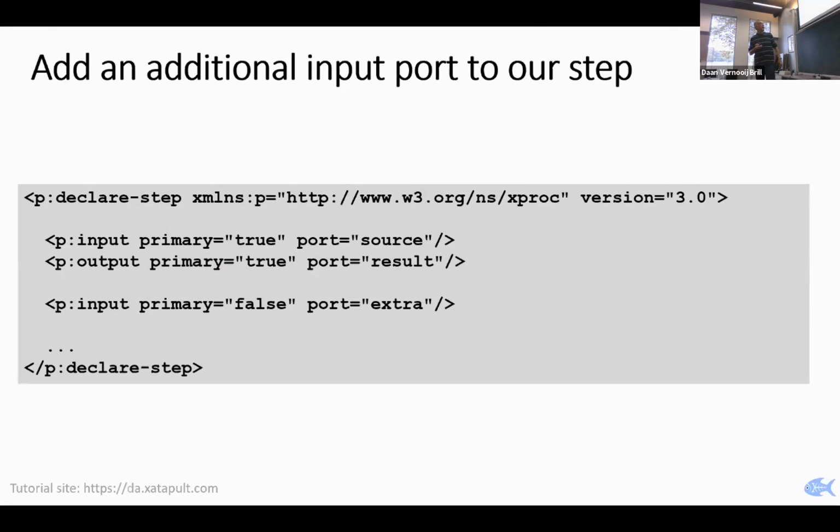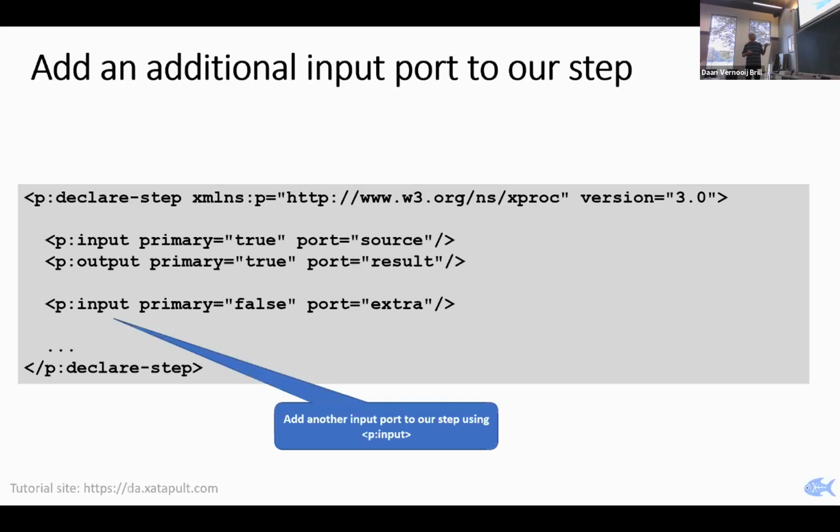So how does that work? First, we need to add an additional port to the step we are creating, the thing we're programming. So we write another p:input statement, say it's not a primary port, and call it extra. That's what this says.